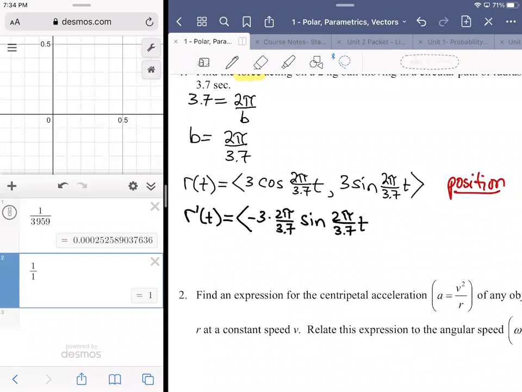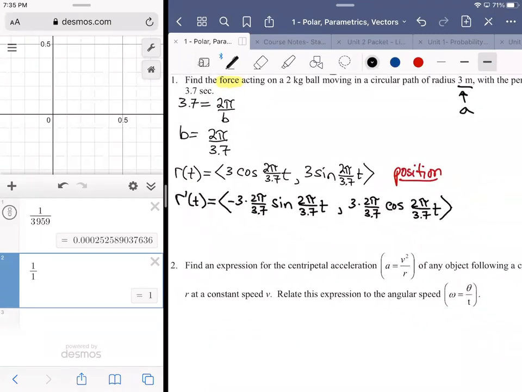And then all that stuff again, just positive and with a cosine. Now, you can simplify, but it ends up really not being worth it, because we got to find the next derivative, you know. So the derivative of the derivative, giving us acceleration. But right now we're at velocity.